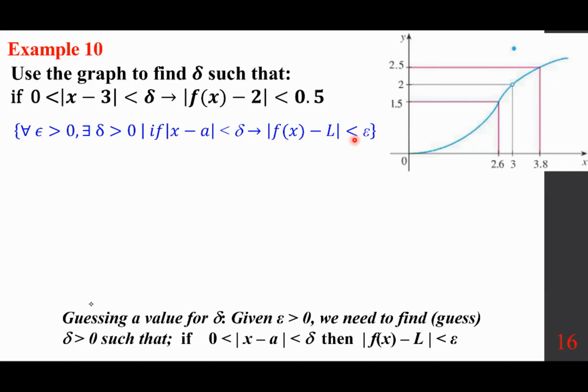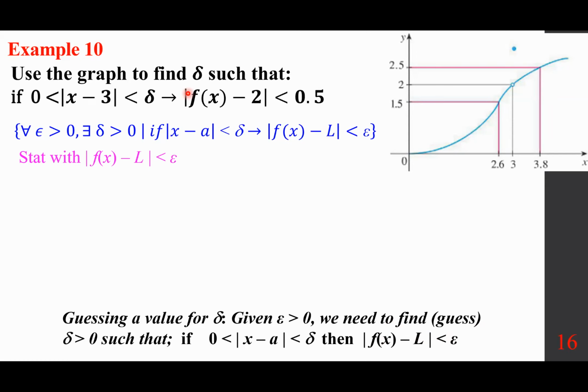In general, the concept is guessing a value for delta given epsilon larger than 0. We need to find delta such that if the absolute value of x minus a is between 0 and delta, then the absolute value of f of x minus L is less than epsilon. That's the concept.